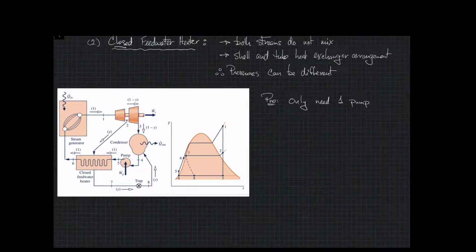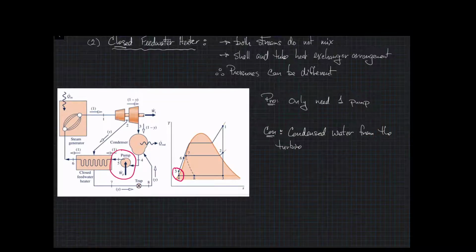The con, however, is that we are going to have a lot of condensate coming out. As we remove the heat from the steam, we're going to generate some condensate water, which will then have to be throttled back down to the condenser of the system.